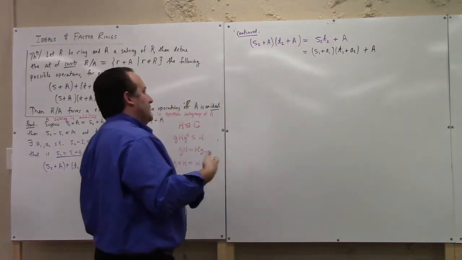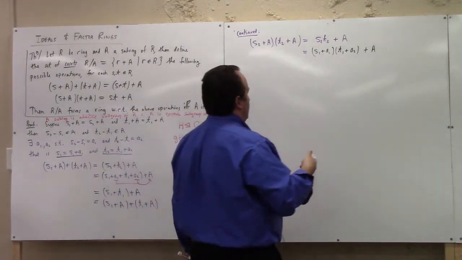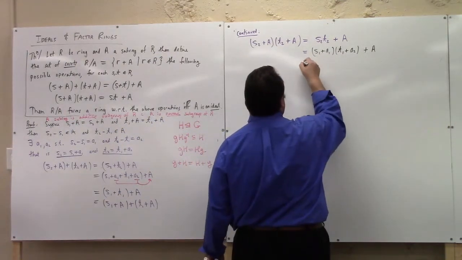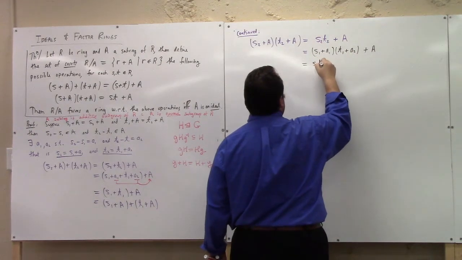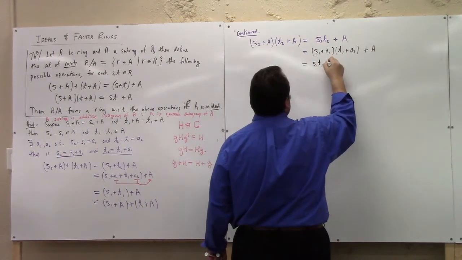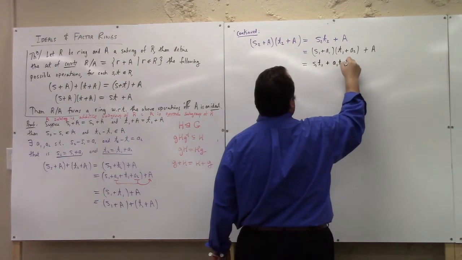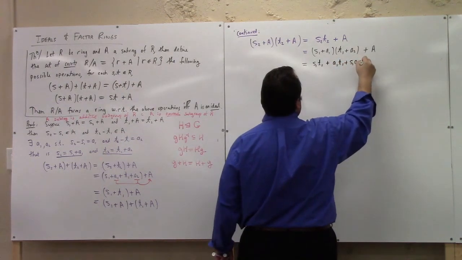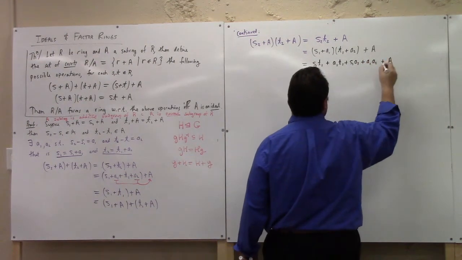And it basically all goes back to this fundamental lemma, well, actually, this is where uber closure matters. We'll see in just a second here. S1 T1, plus A1 T1, plus S1 A2, plus A1 A2, plus A.